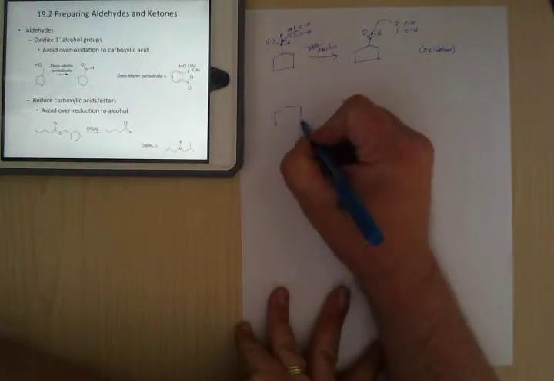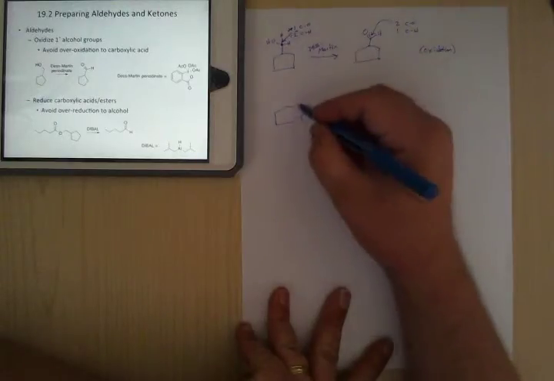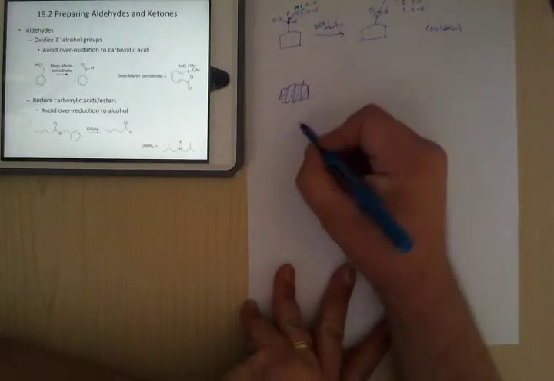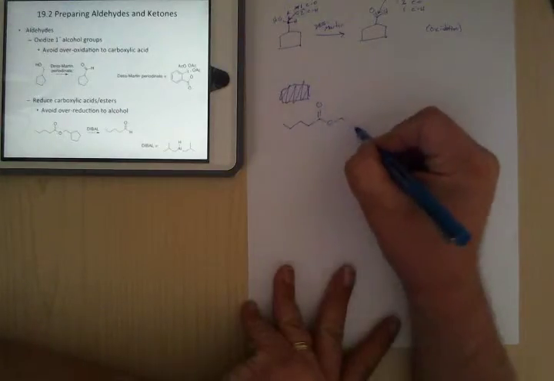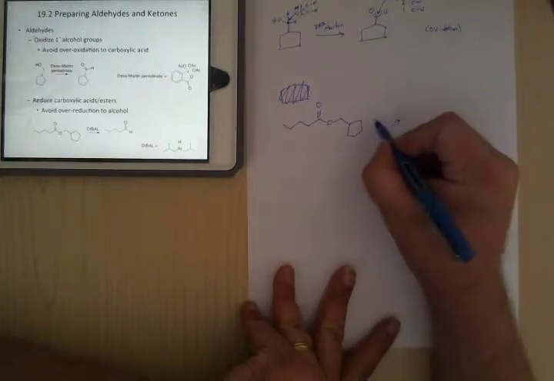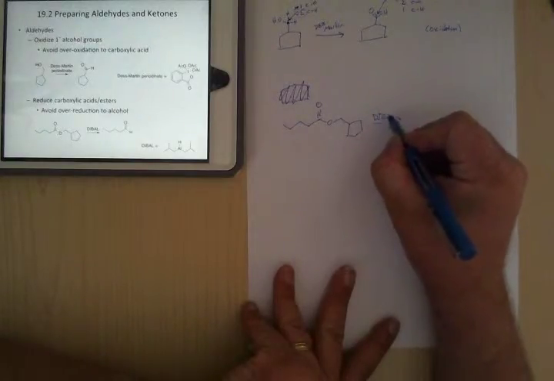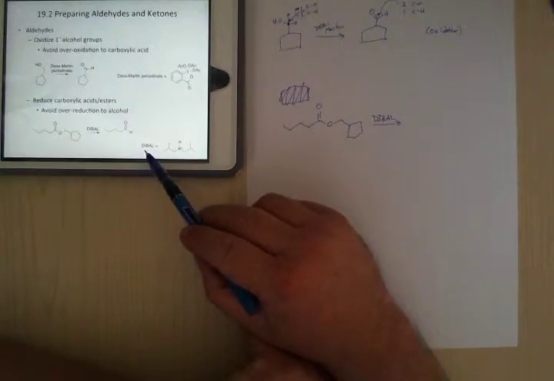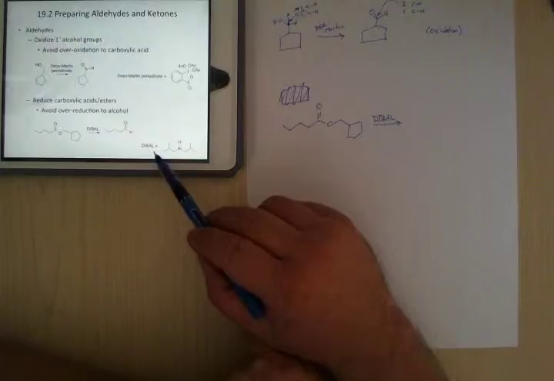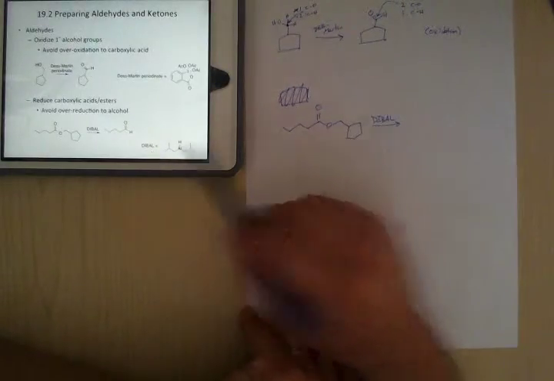You can reduce it. Okay, so if you're going to take the ester here, right? You have what's called DIBAL. Now I think the book calls it DIBAL-H. It's diisobutylaluminum hydride. DIBAL is probably more correct. Nobody calls it that. Everybody calls it DIBAL, something like that.